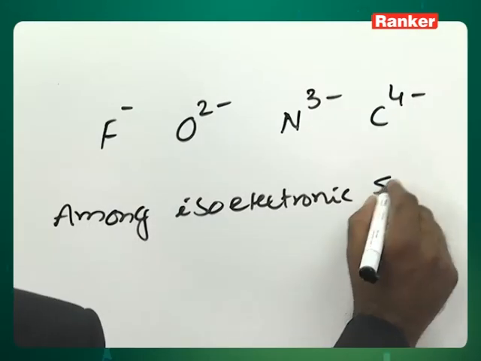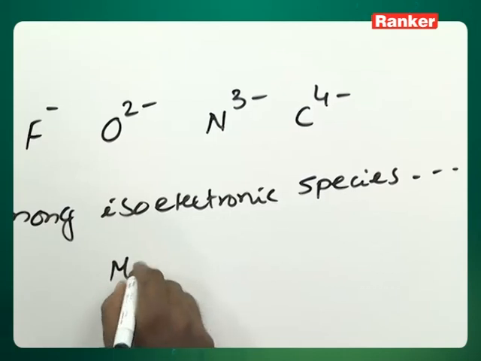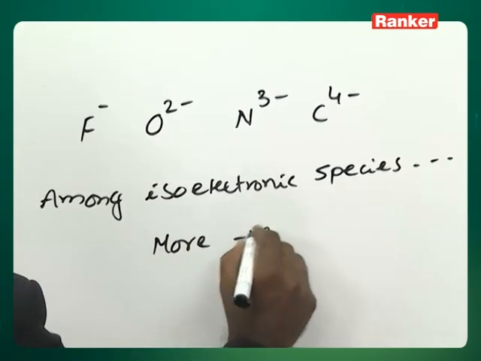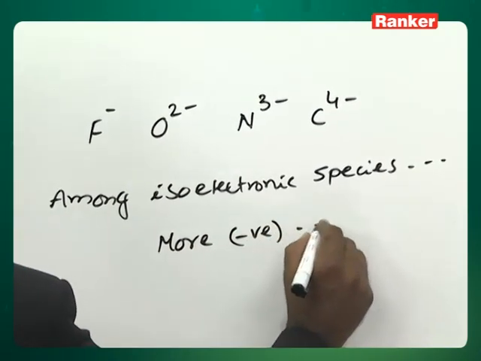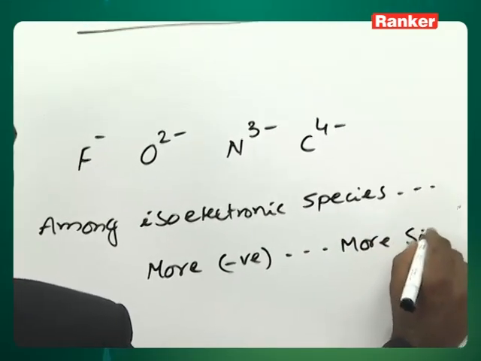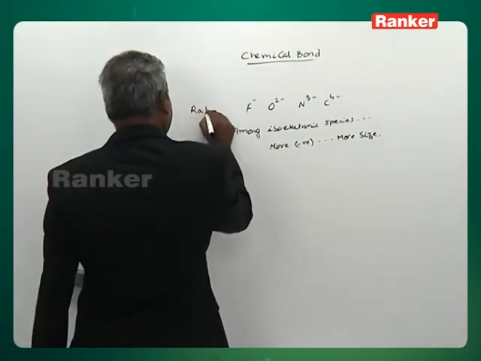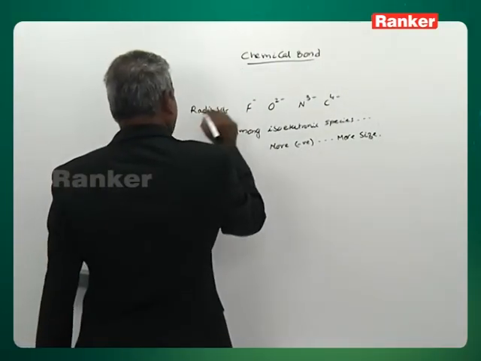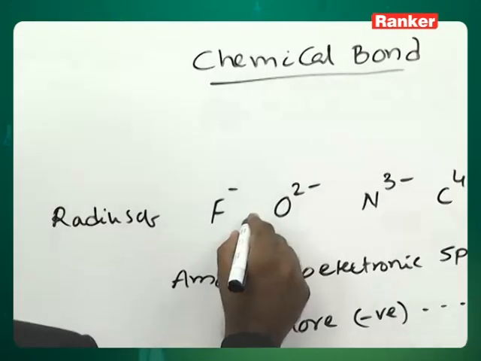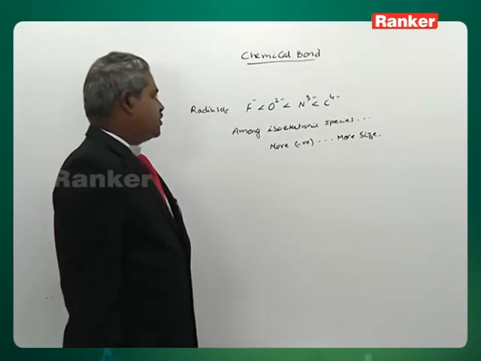Among isoelectronic species, the more negative the charge, the more the size. More negative, more size. So, the radius of F minus is smaller than O2 minus, because the greater the negative charge, the bigger the size.